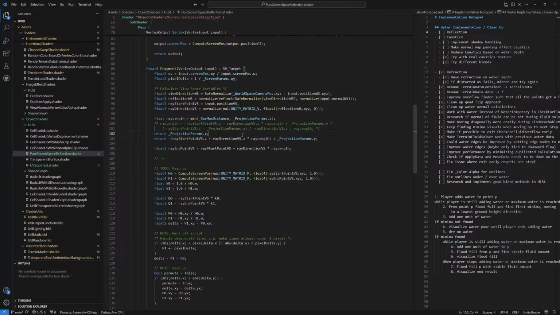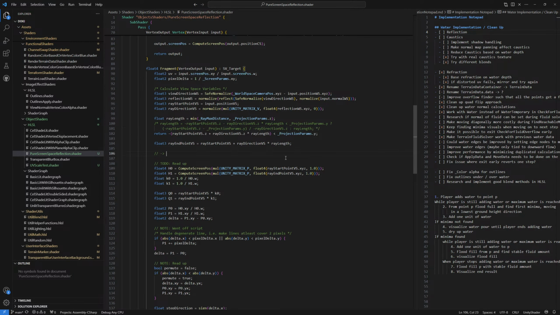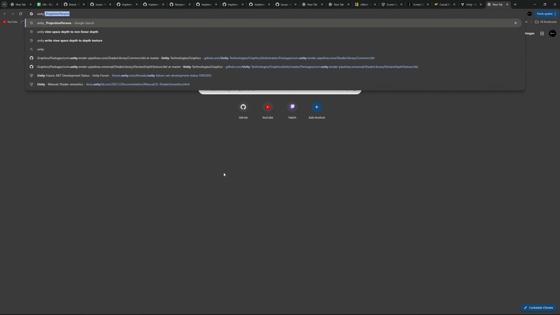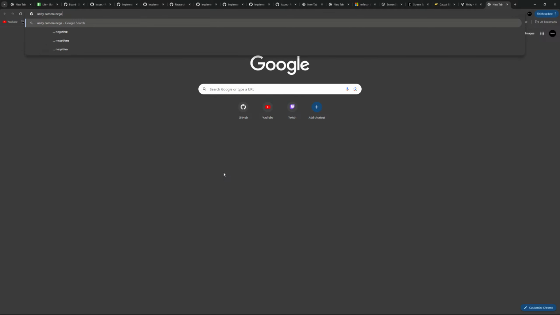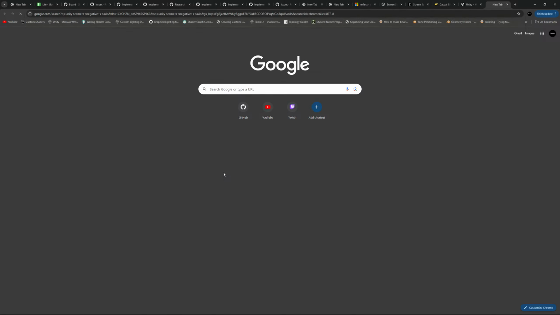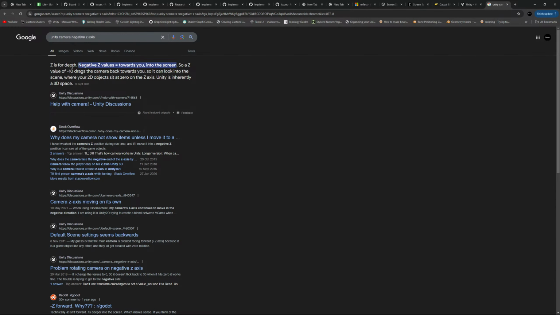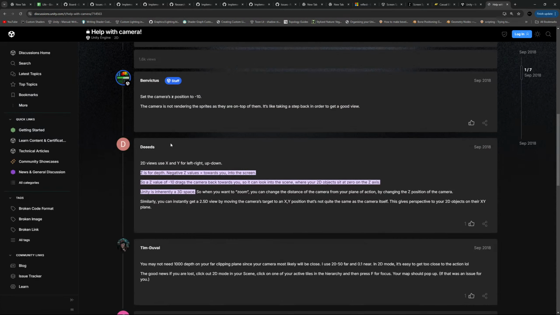almost black, or gray. Unity camera, negative. Okay, let's see.